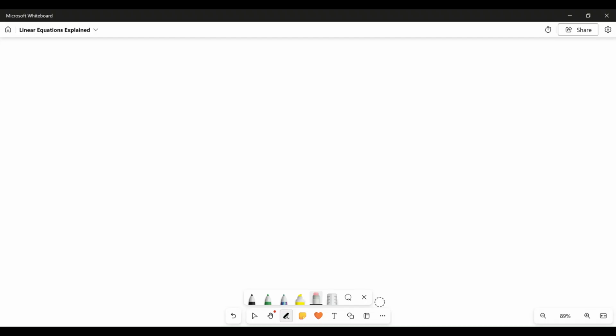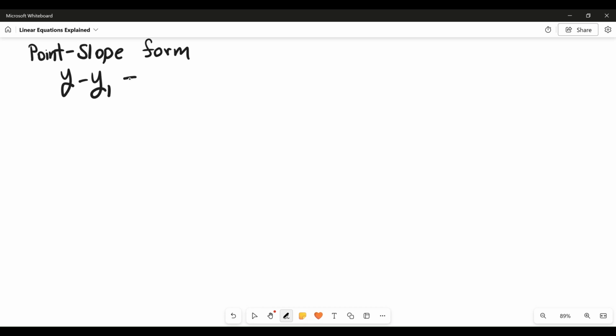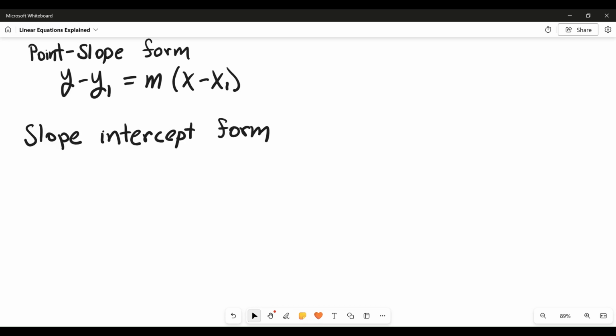Now, there are 3 forms of linear equation. The first one is called point-slope form, which is y minus y1 equals m times x minus x1. The second one is slope-intercept form, which is y equals mx plus b.